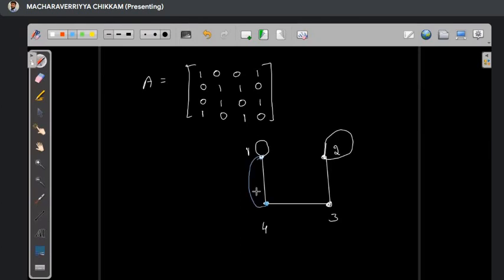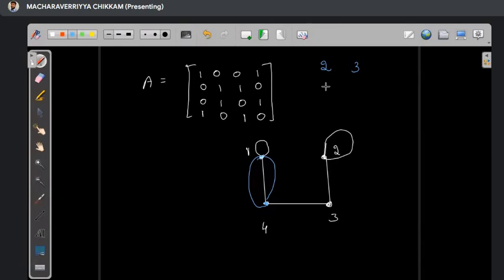So in that case, what do you write at 1 4 position? Yeah, we write 2. Suppose if there are 3 edges, then we will write 3. Still, again, you will get a symmetric matrix only because it is an undirected graph.